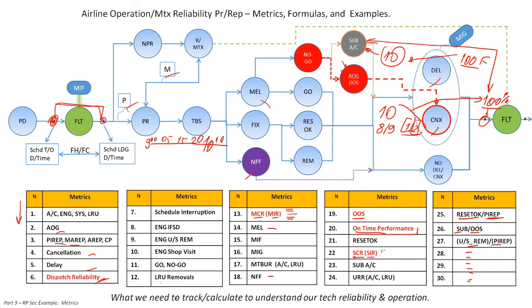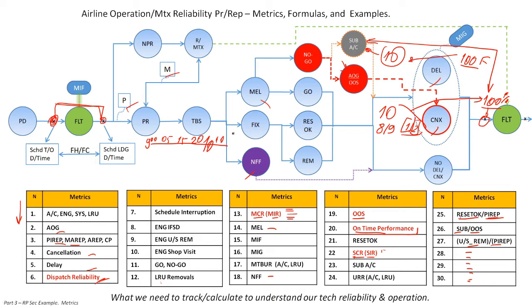As I put here, what we need to track and calculate is to understand our technical reliability, business model, operation model, maintenance model. As I said, we don't want to build some complex system. We need to understand what we want, why we want it, and how we want to accomplish this.